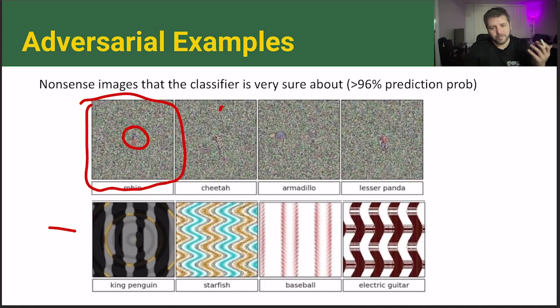The way that we've set up the models forces them to make a prediction, and where those decision boundaries lie for each class means that they're forced to make a prediction, and can be very, very confident about them. So for here, this is the estimated over 96% prediction probability that these actually are the classes that are present in these random nonsense images.